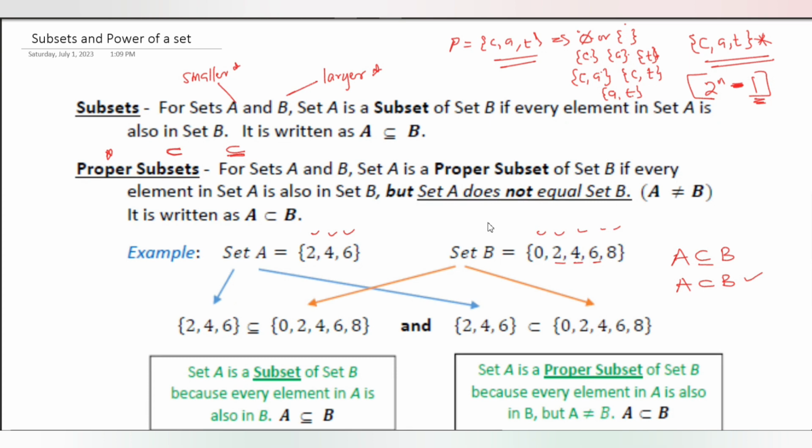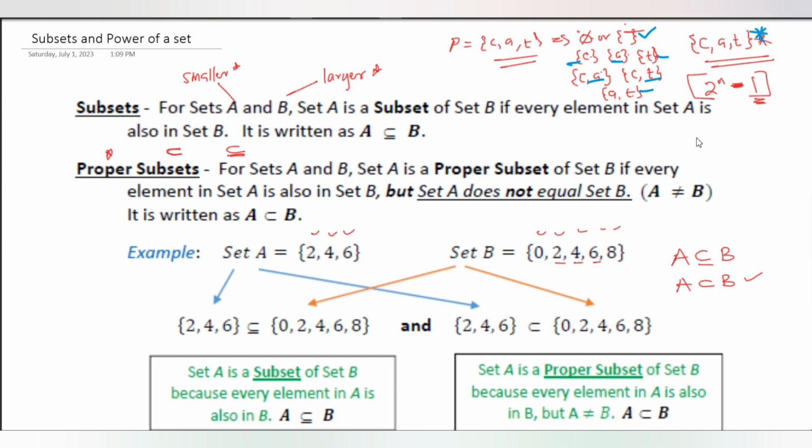For the example we looked at the other time, the number of subsets we were able to form was 1, 2, 3, 4, 5, 6, 7, and 8.